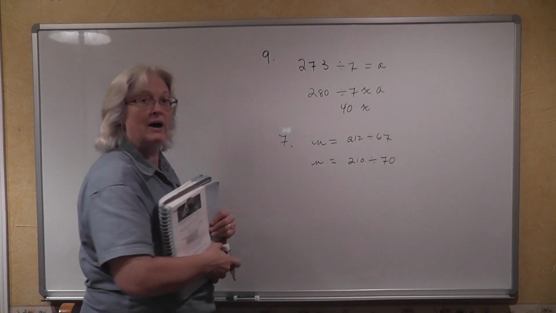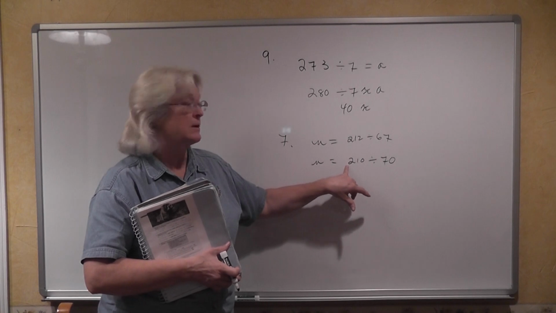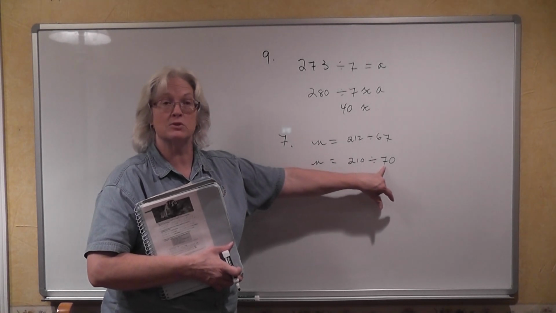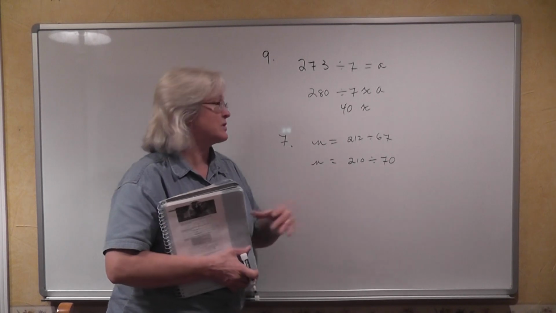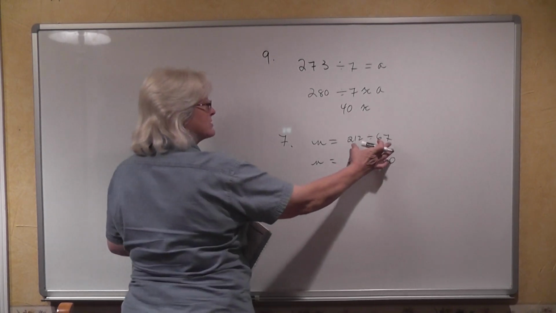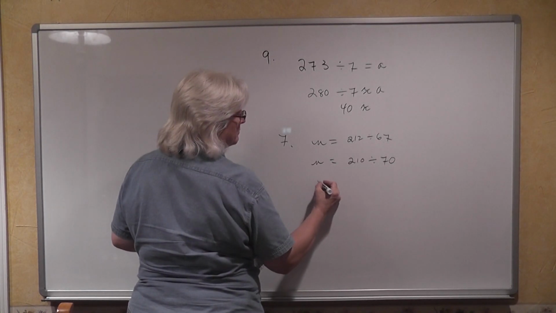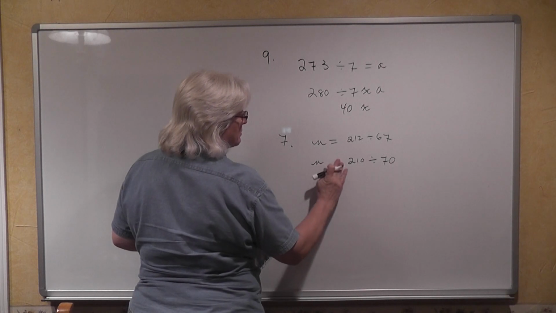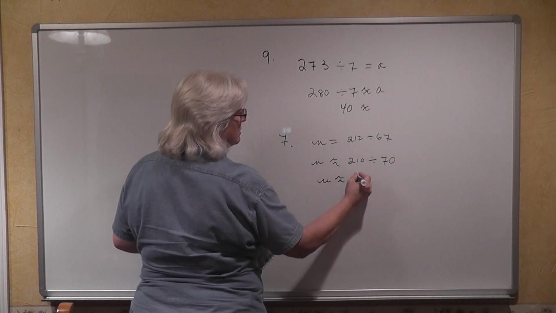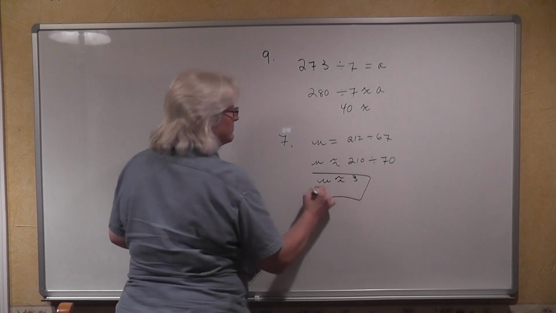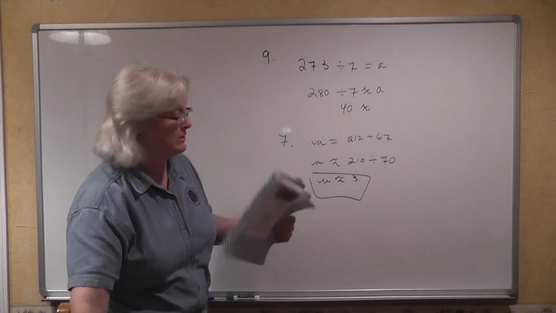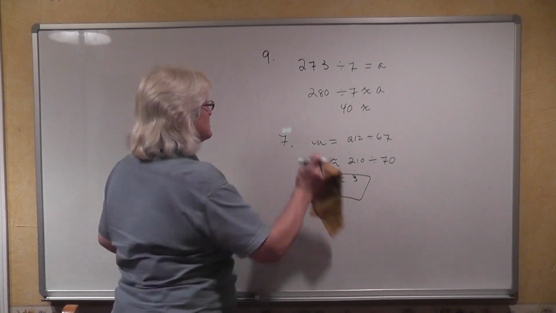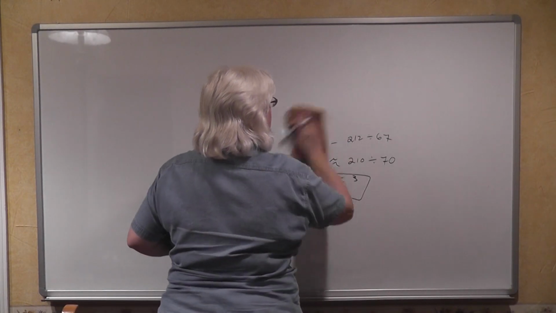And I'm going to divide that by 70, because 3 times 7 is 21. 210 divided by 70 is 3. That's approximately what we get here. N is approximately equal to 3. So now we've done both problem 7 and 9. We have one left to do on the skill check, which is problem number 10.